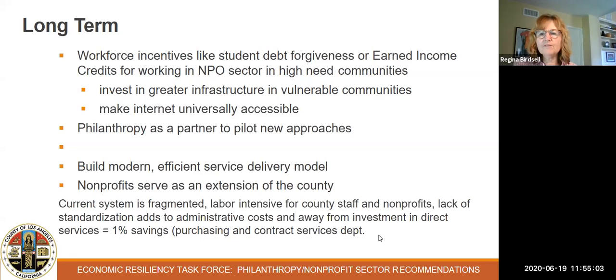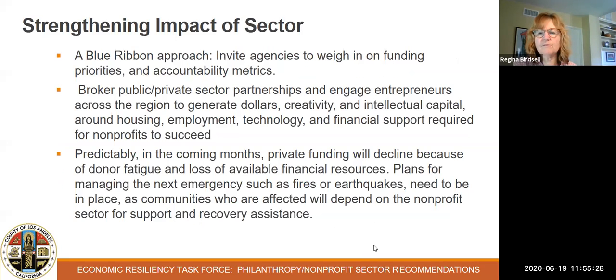So our goal was, given that the current system is fragmented and labor intensive, we felt that the staff within the county has done some homework around other systems that have worked around the country. And if they did move to a more mechanized program, they could save 1% on a conservative estimate, so that the savings might offset the investment.